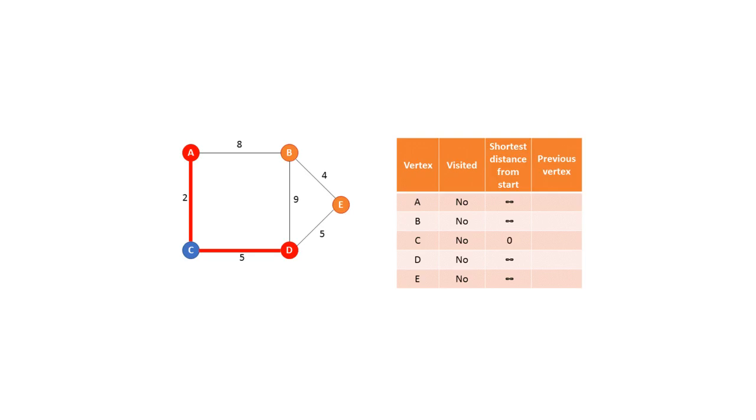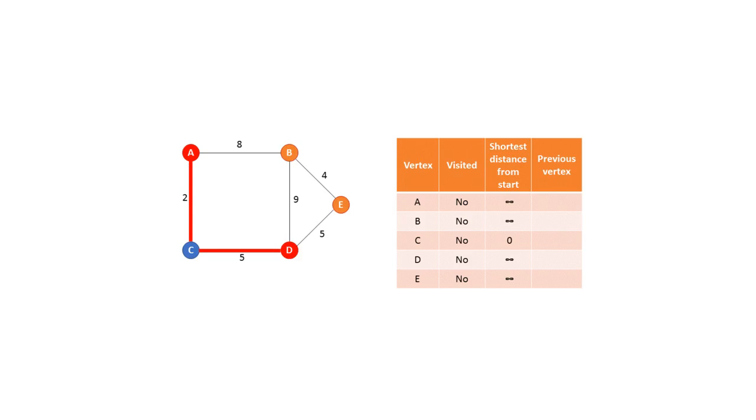So the first thing we're going to do is recognise all the unvisited nodes from our starting node. So A and D are both connected to C, and they are not visited. So we'll just deal with them one by one, and we'll start with A, since it's at the top of our array.